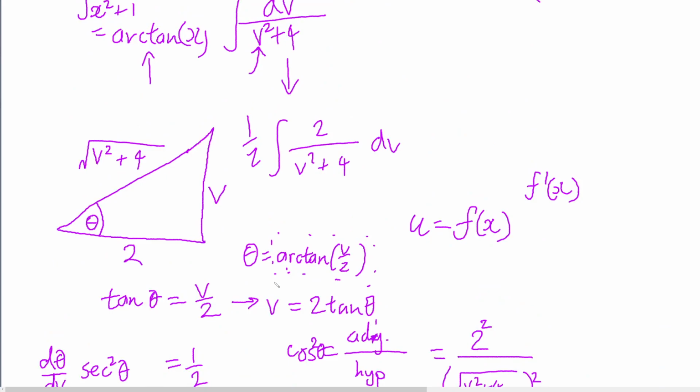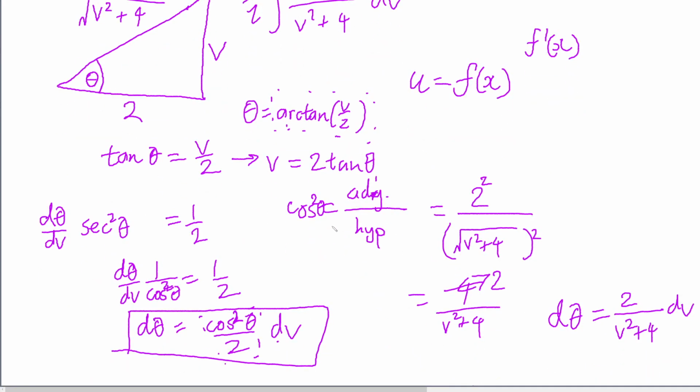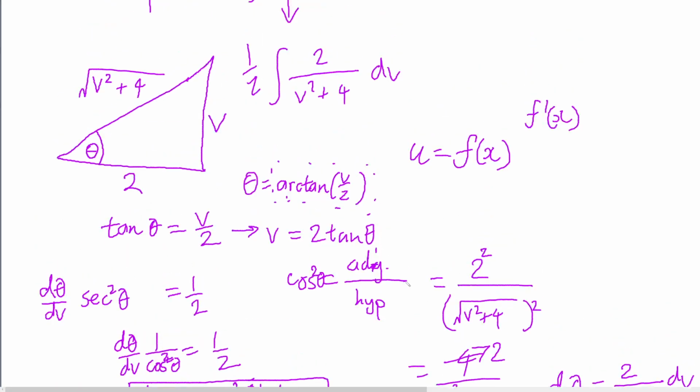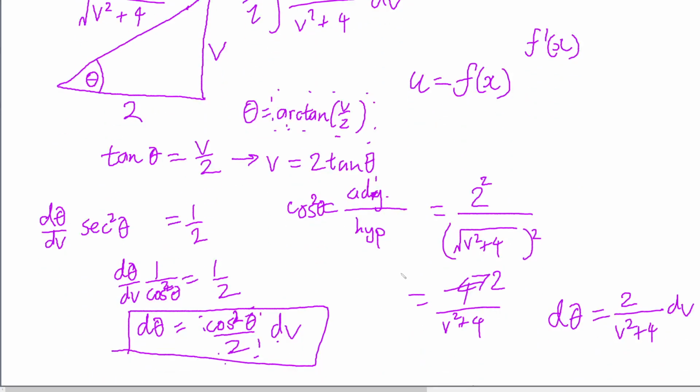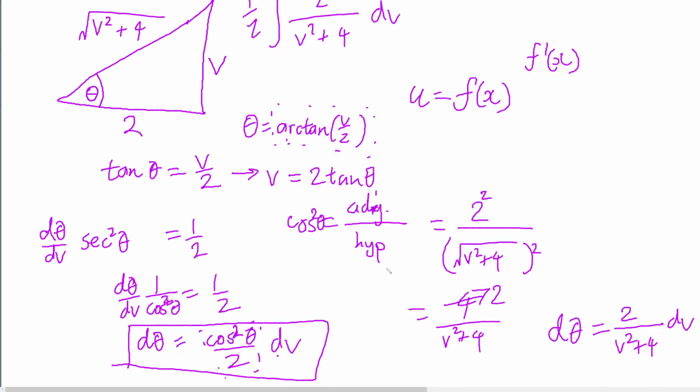So this relationship, v is 2 tan theta, I never have to explicitly substitute 2 tan theta into v here, but I can just do some other stuff with the information that I get from that relationship and still make the substitution work. So perhaps this was an overcomplicated way of doing it, but the insight should still be helpful to those of you who are interested in this kind of integration technique, right?